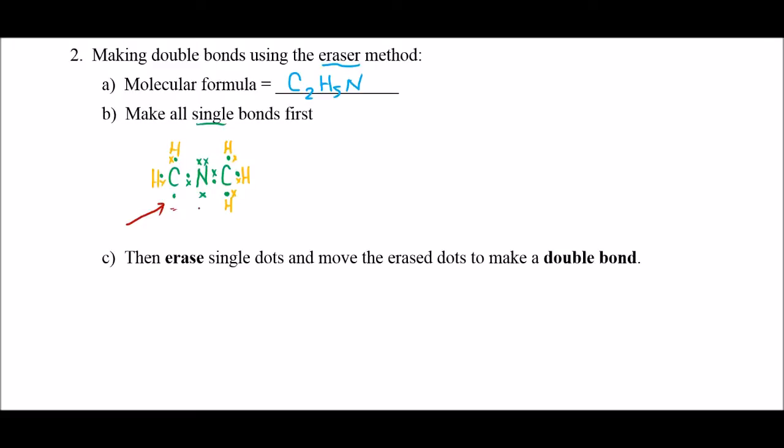There's a lonely dot and a lonely dot. It's okay, we'll fix that. The second step in this process says erase the single dots, the lonely dots, and move them to make a double bond. I will try to show what that means. I am copying faithfully the structure I have above. Please do this on your paper as well.